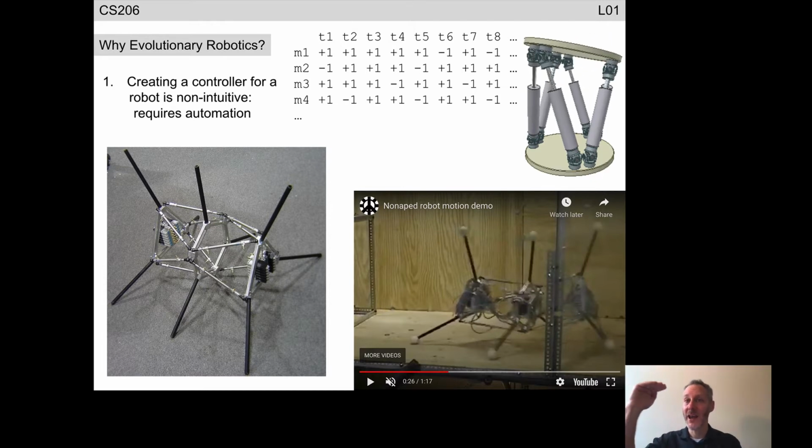The matrices that had higher numbers, we kept those. The matrices that had smaller numbers, corresponding to cases where the nonaped didn't move so far, we deleted those random matrices.